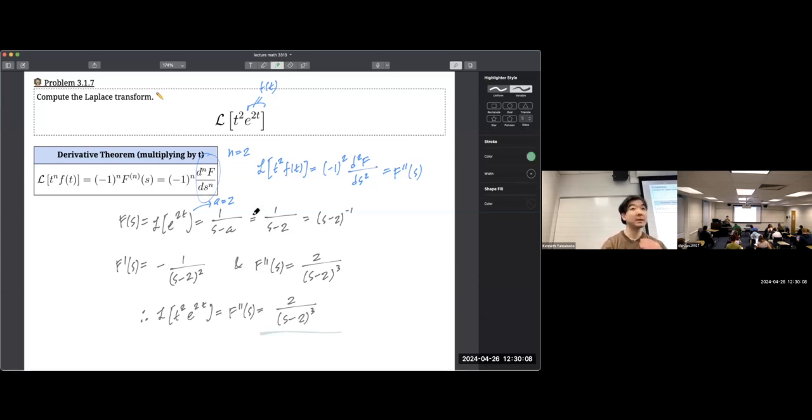So at one point, with the right Laplace transformations, we don't even have to calculate the Laplace transform from scratch. The integral that we had to do really early on using the actual definition was an improper integral.